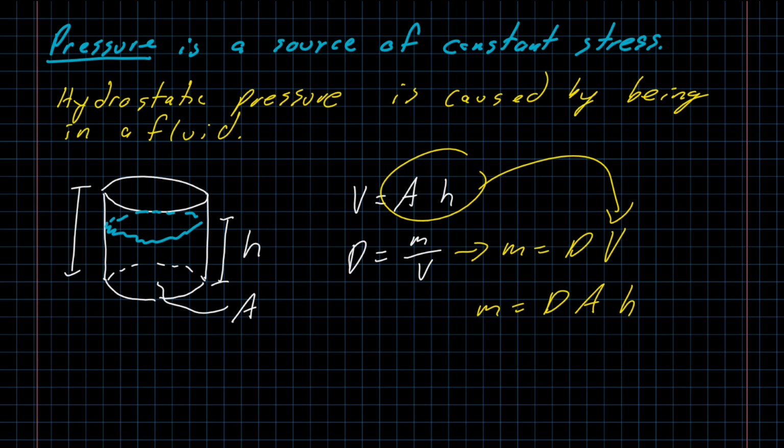So, if we know the density of the fluid, and we know how deep the fluid is in the container, and we know the area of the surface of the container, we can calculate the mass.